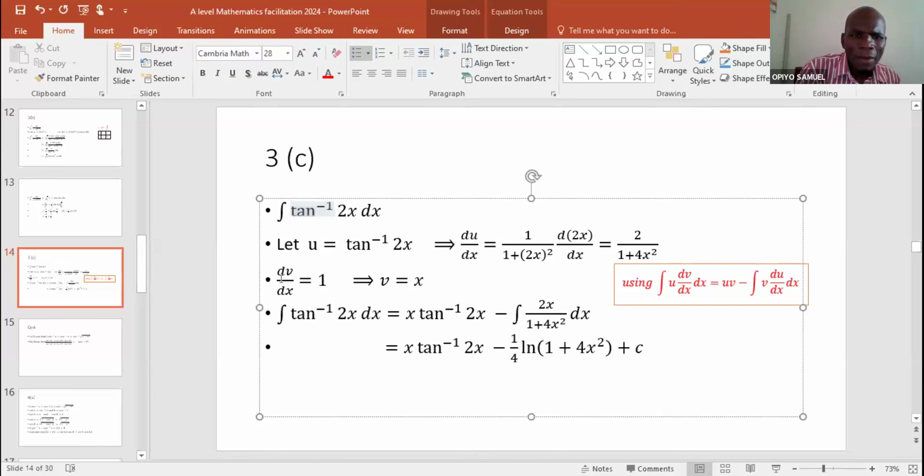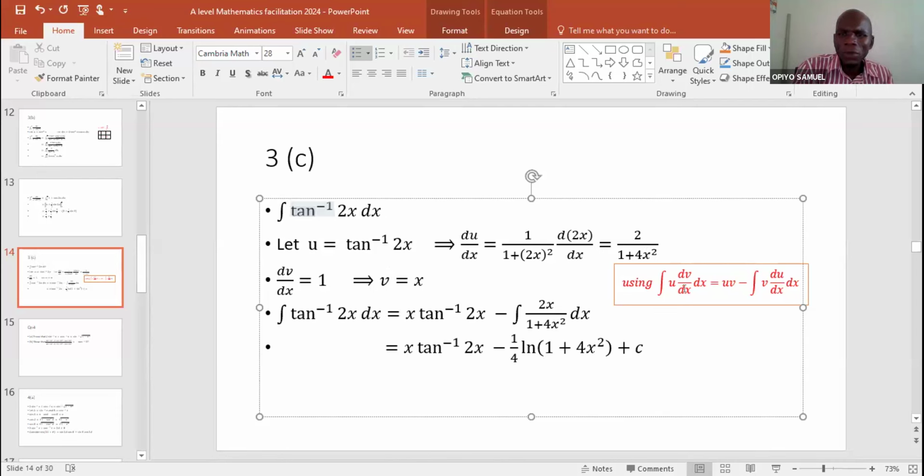Meanwhile, dv by dx is equal to 1, the silent one that I've erased. So from here, you integrate v and you get x. But in this case, you ignore the constant of integration. You only take x.